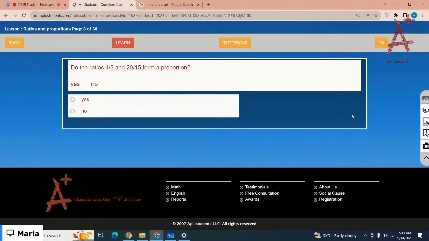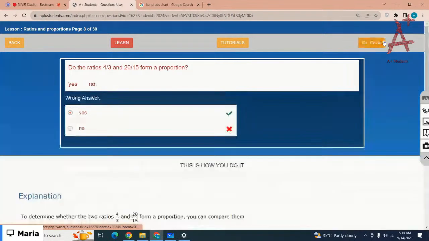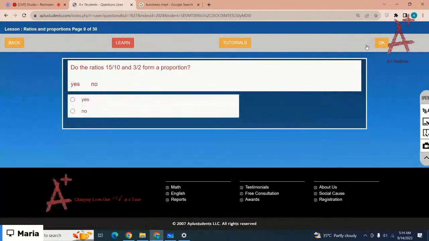The correct option is no, they do not form a proportion. Oh, yes, they form a proportion. 5 times 4 is 20 and 5 times 3 is 15. Yes, they form a proportion.